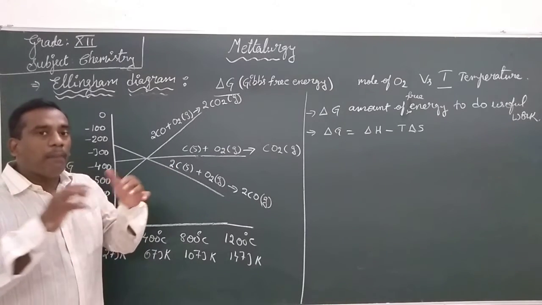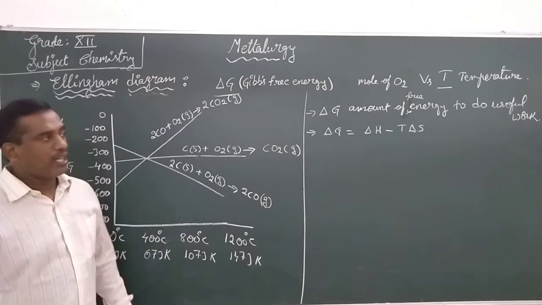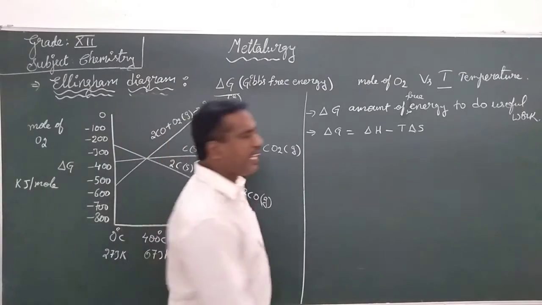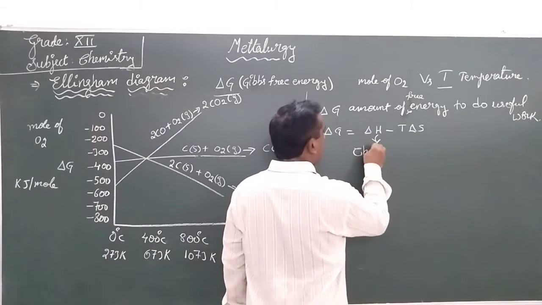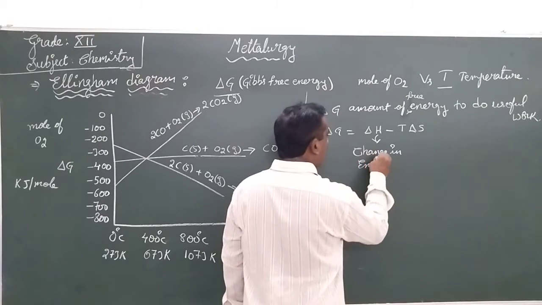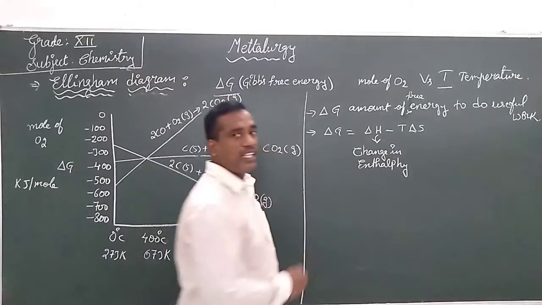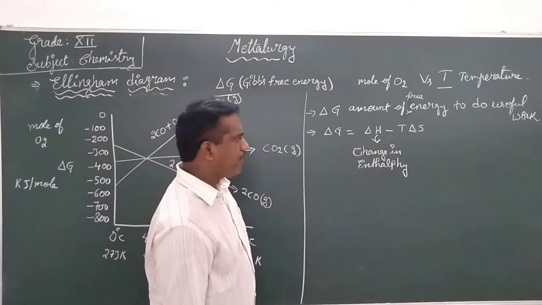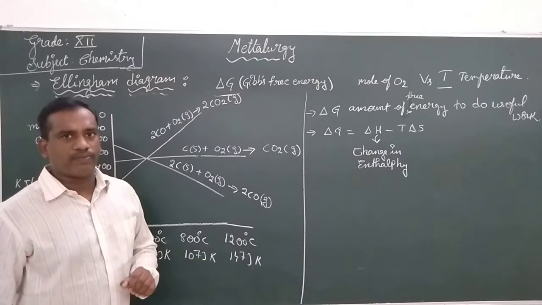It is not the complete free energy, just a part of the free energy. But what is delta H here? Delta H is the change in enthalpy. Let us see what is meant by change in enthalpy.